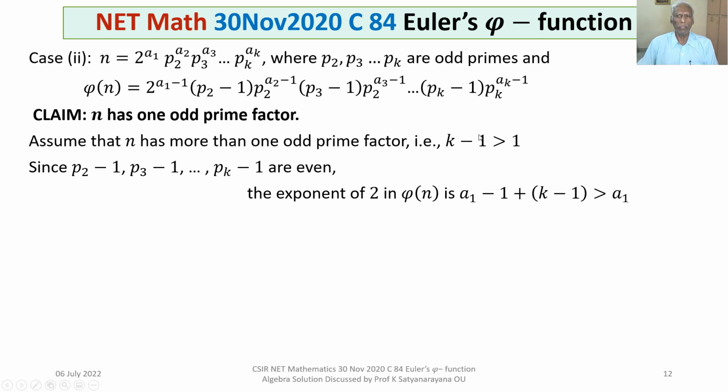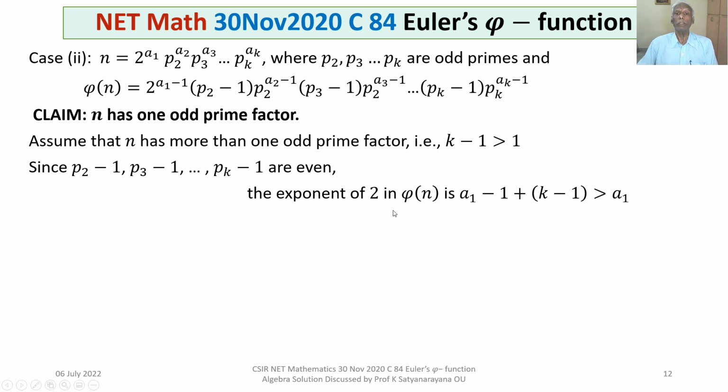And how many contributions will come? K minus 1. So the exponent of 2 in phi of n is a1 minus 1 plus k minus 1. And that will be greater than a1 because k minus 1 is greater than 1. So the exponent of 2 in phi of n is greater than a1.